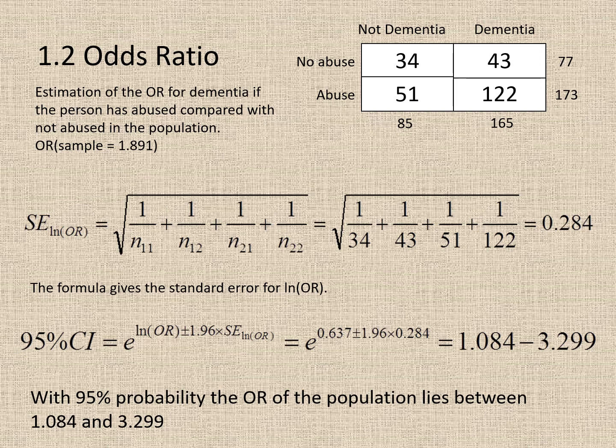What is the probability of, in a sample of this size, getting an odds ratio that differs this much or more from 1? We calculate that probability. And because our confidence interval here doesn't include the value 1, we say that probability is lower than 5%. Therefore, we reject the null hypothesis.